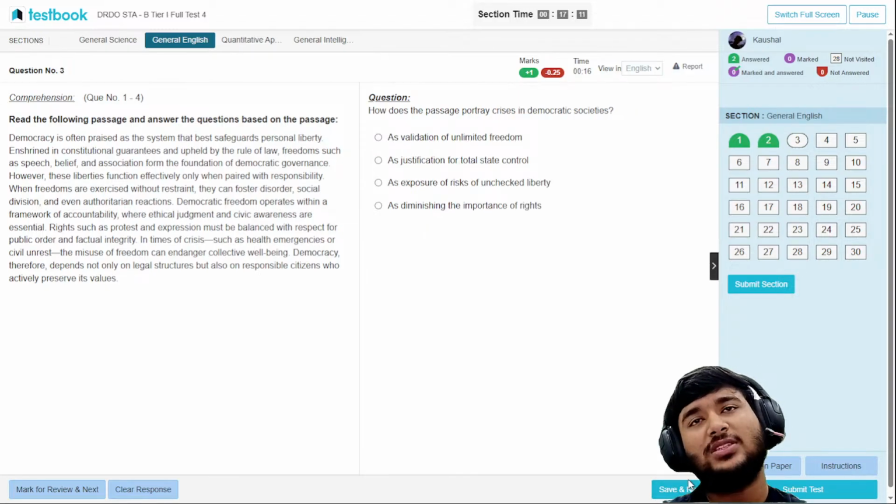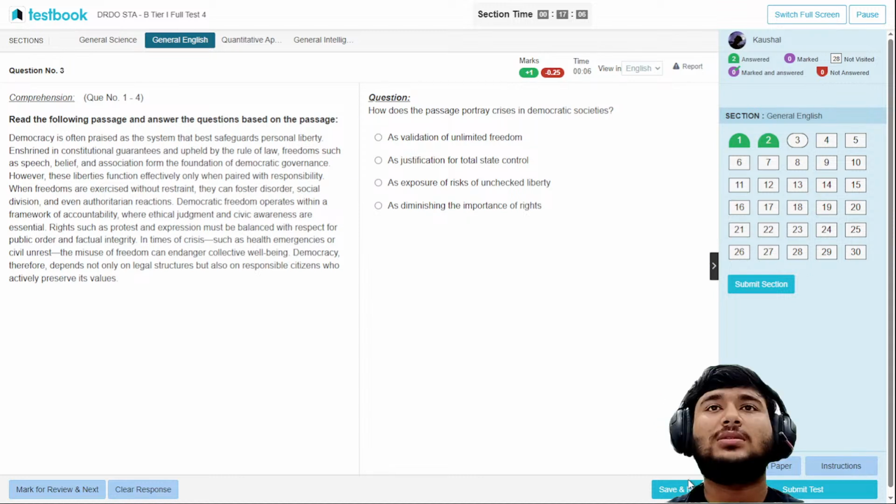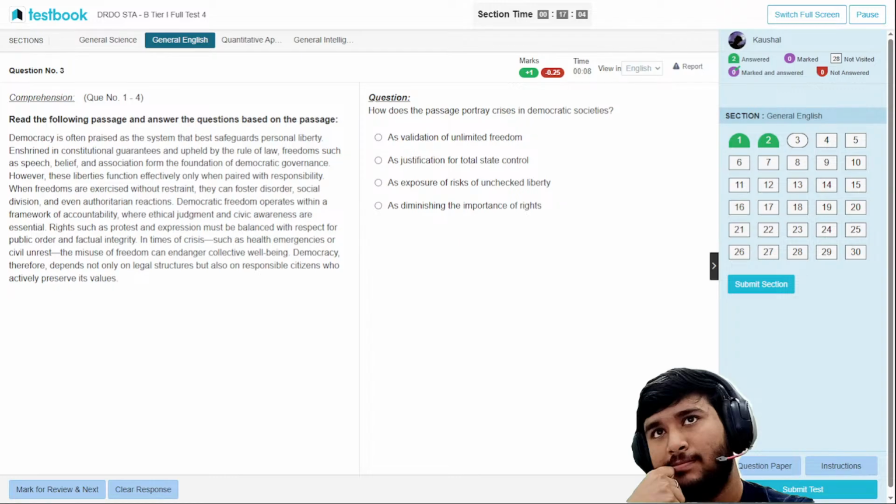Excessively optimistic to me. How does the passage portray crises in democratic societies? As validation of ultimate power, freedom?